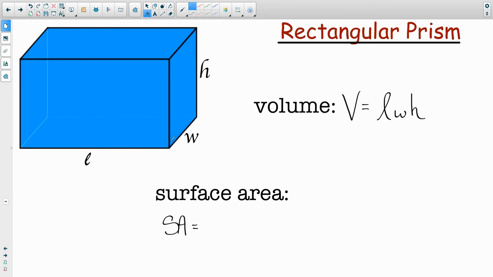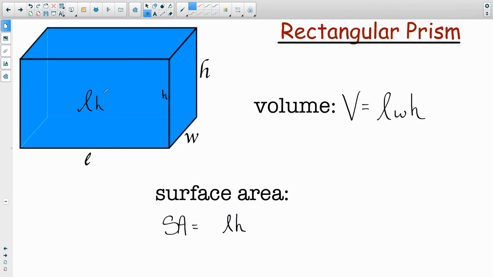However, the two dimensions of this front rectangle, when it's a three-dimensional box, are length, and then if I go up right here, see my height here, this is also going to be my height. So the front face is going to be length times height. So I'm going to write down here, I'm going to start with that front one, length times height.